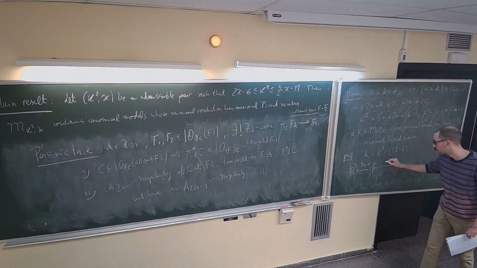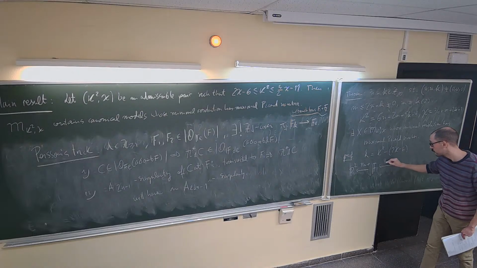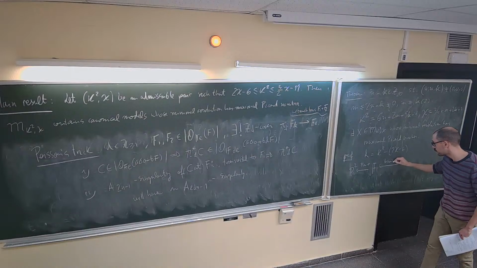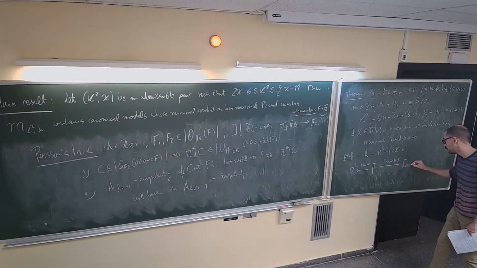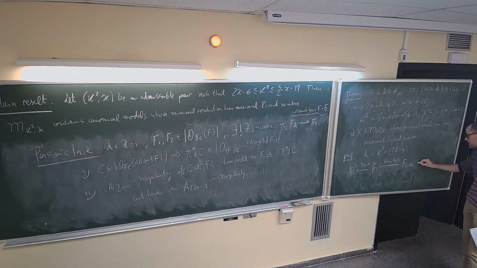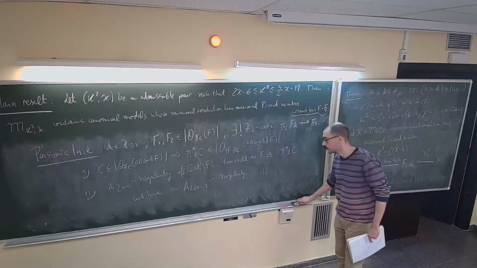Then we will apply Persson's trick. We will get here. And then we will consider a cyclic cover. Okay. So, and this surface X will be the canonical model of the statement of this theorem.